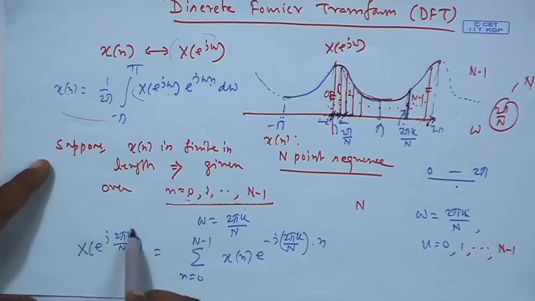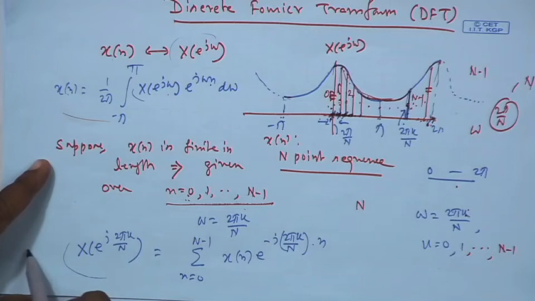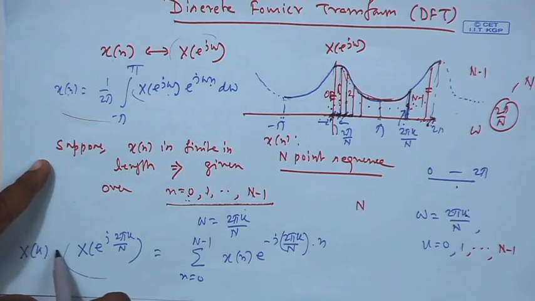Then instead of writing it as capital X of e to the power j 2 pi k by N, in short we just write it as a function of k.